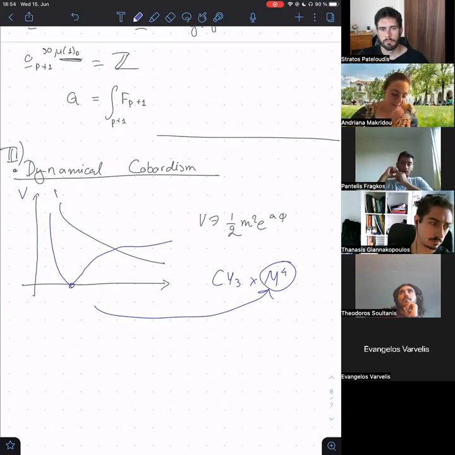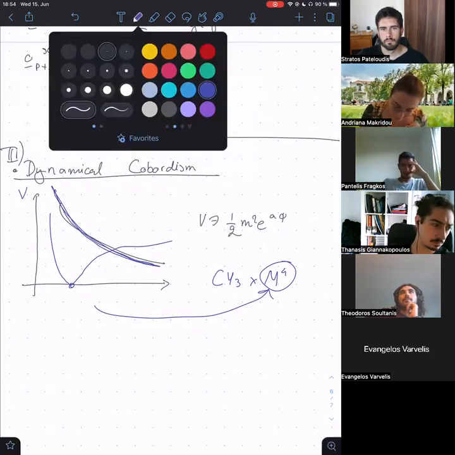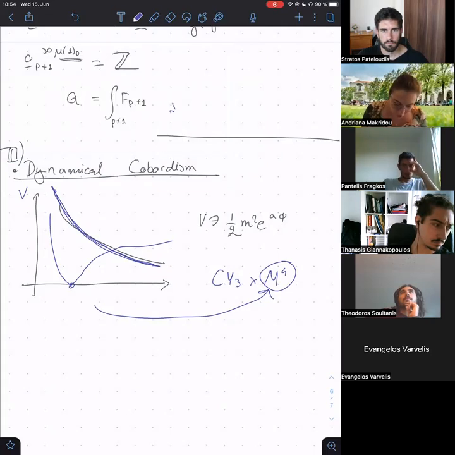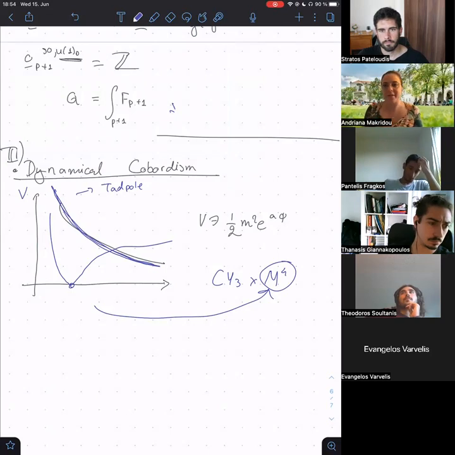But there exist these setups that they call tadpoles. Let's give some credit to these people. This is not the usual tadpole that one encounters, let's say, for Ramond charges, where you need to put an equal number of branes and anti-branes so the charge cancels on the compact space.